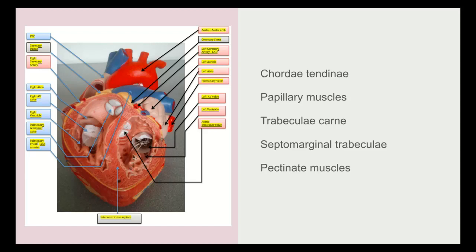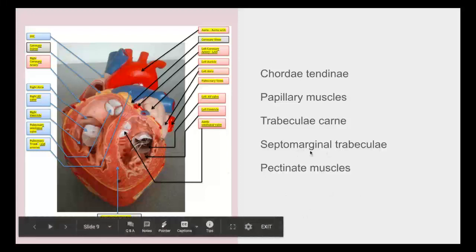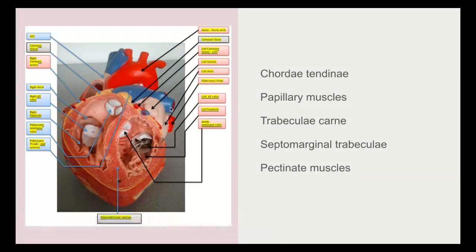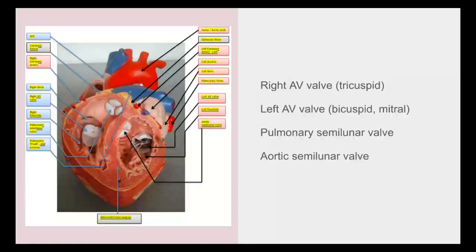So again, you have your papillary muscle, and then in these other roughened areas, that would be the trabeculae carneae. Okay, and then your pectinate muscles. So again, that's just going to be a lining that is going to be in the atria. And I have a nice chart here towards the end, going through where everything is, and it's something similar to what you got in class, I believe.